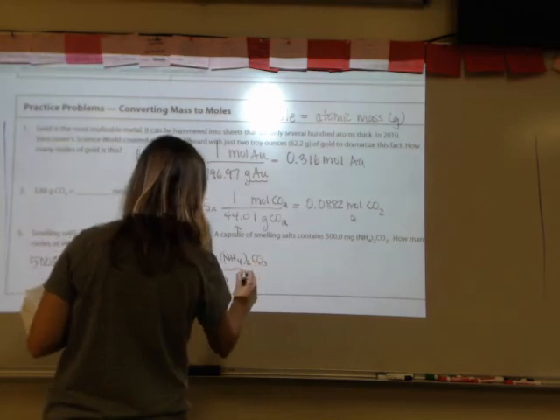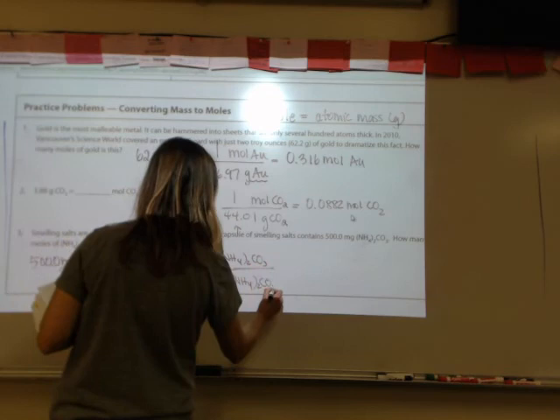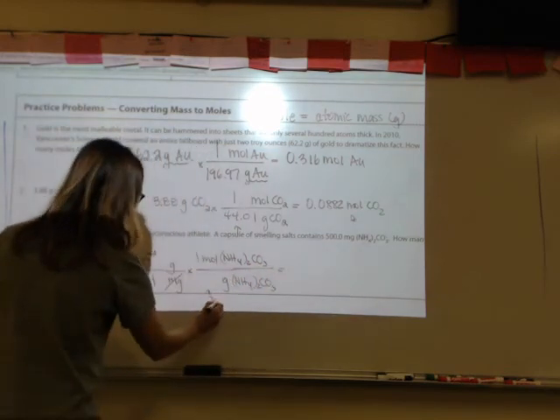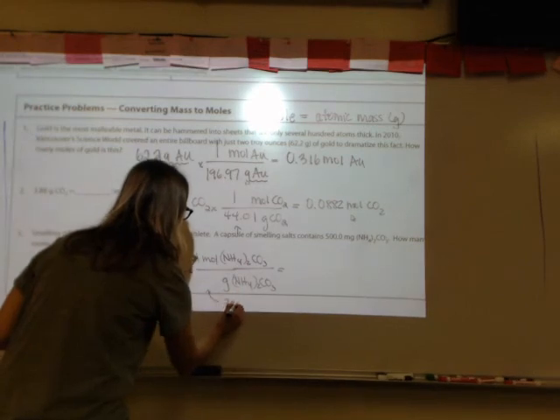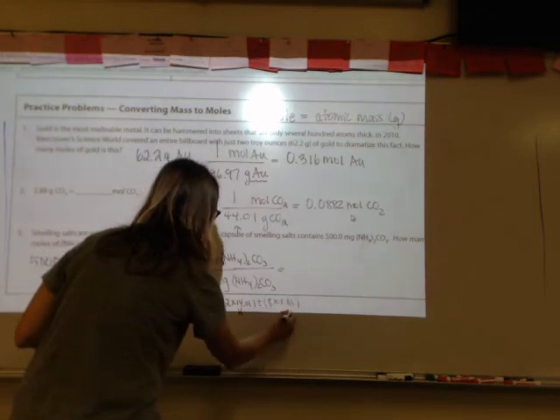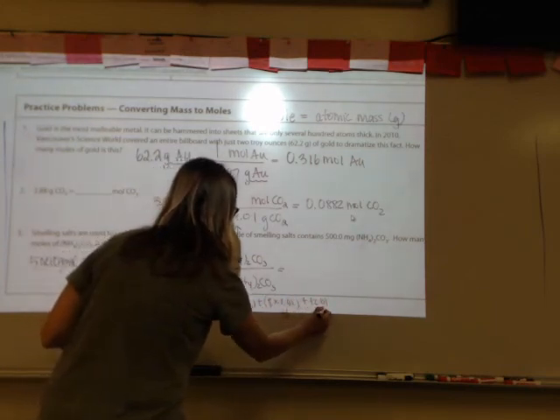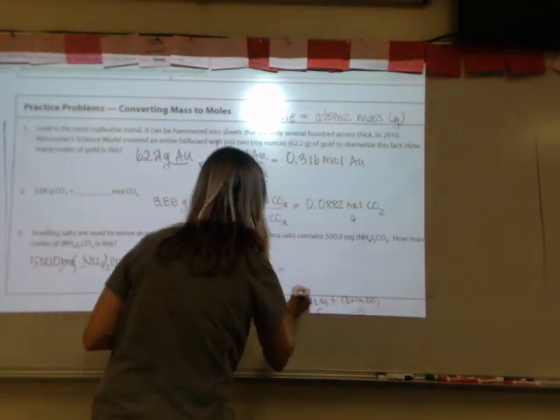of your ammonium carbonate. The number that goes here is from the periodic table. You get that from 2 times 14.01 for your nitrogen, plus 8 times 1.01 for your hydrogen, plus 12.01 for carbon, plus 3 oxygens at 16.